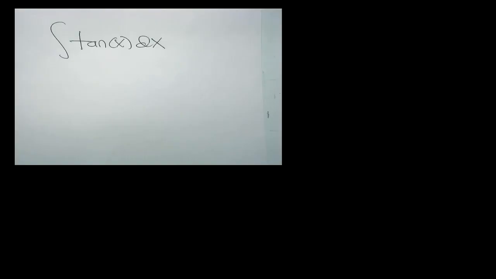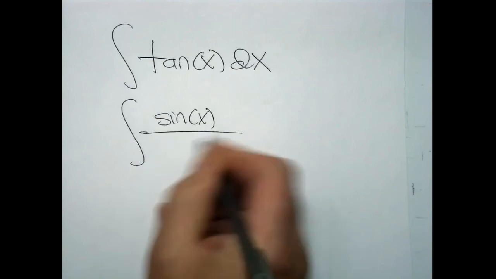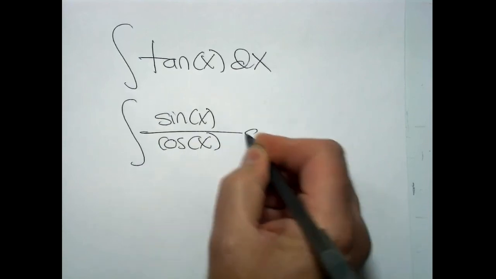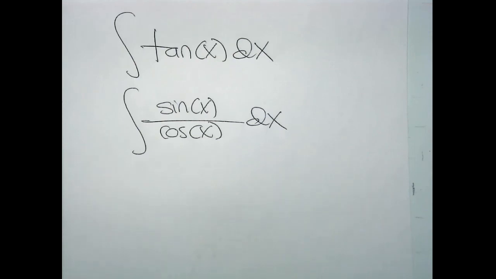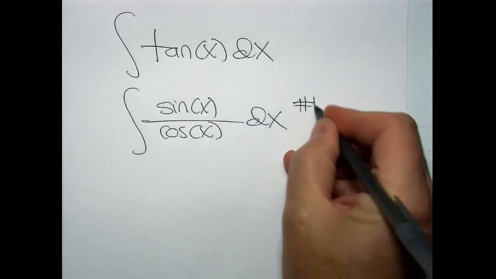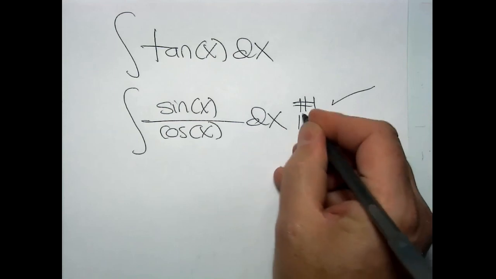We don't know. What if I broke this up using the quotient identity in trigonometry? The quotient identity says that tangent is exactly the same as sine over cosine. That's just the trigonometric identity for tangent. Well, something very interesting happens. The first thing that happens is, number one, yes, you now do indeed have a fraction.